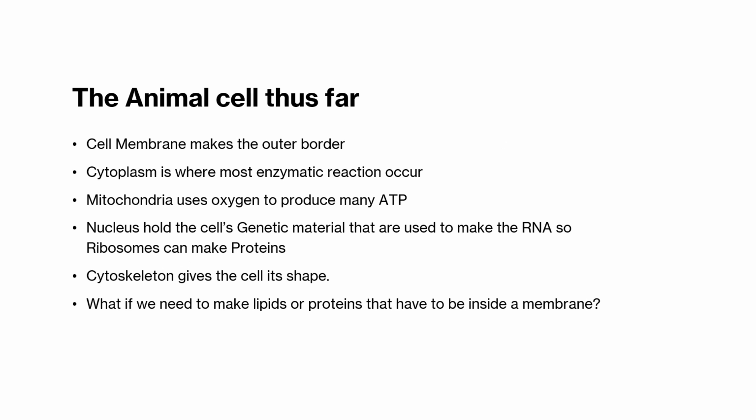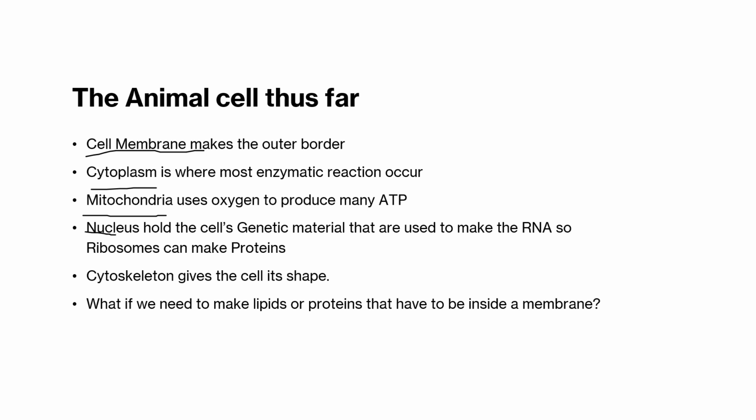Now, so far we've talked about animal cells, and we have the cell membrane, which makes the outer border. We've talked about all the components of it. We've talked about the cytoplasm, which is where most enzymatic activities occur within the cell. We talked about the mitochondria, which uses oxygen to produce many ATPs.